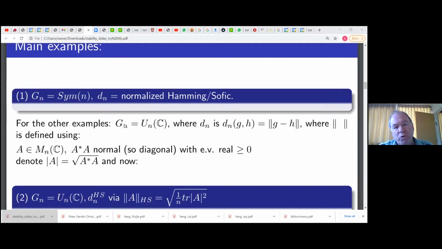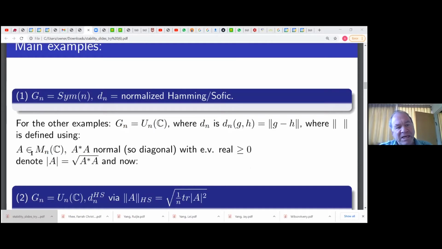So we take the group Gn, and the metric Dn will be the distance between two unitary matrices G and H, the norm of G minus H. But what is the norm? Well, we can take many different norms. There are many Banach space structures on the n by n complex matrices. All the norms I will talk about today will be defined in the following way.